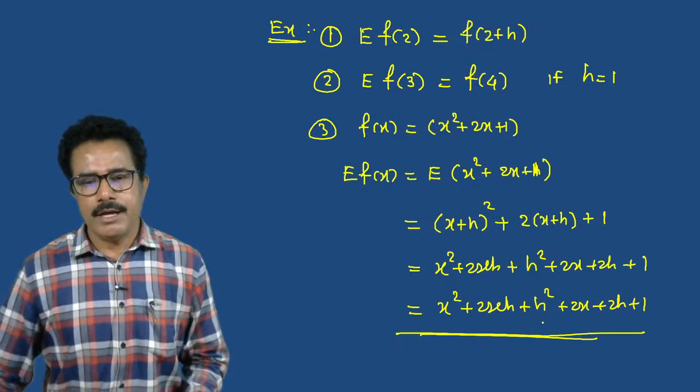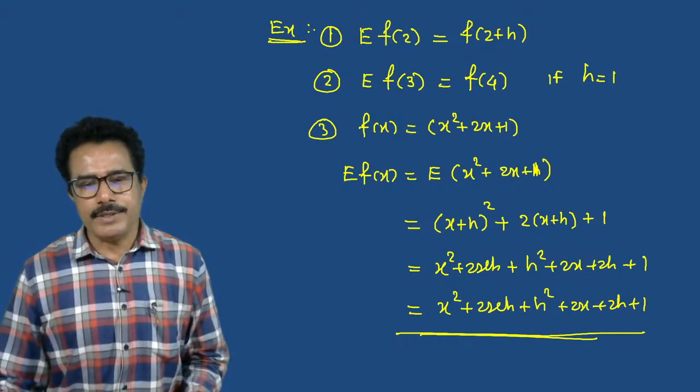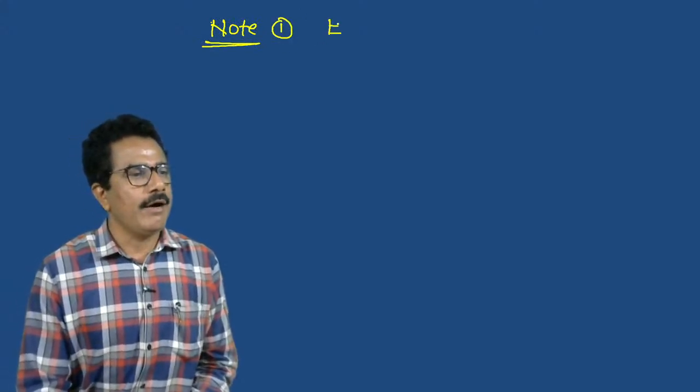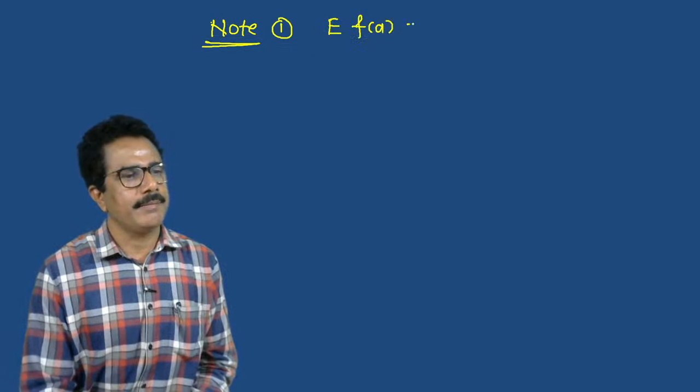Okay. Now second, we consider the second shift operator. How to calculate the second shift operator? Next, note. I shall write note. Note number 1, E of f of a means f of a plus h.